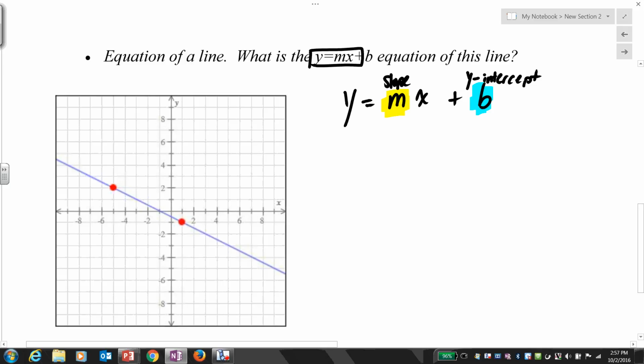So to find the slope between any 2 points, there's a couple ways we can take those points. This point here is going to be negative 5, positive 2, and this point here is positive 1, negative 1. We can find the slope by doing y minus y over x minus x.